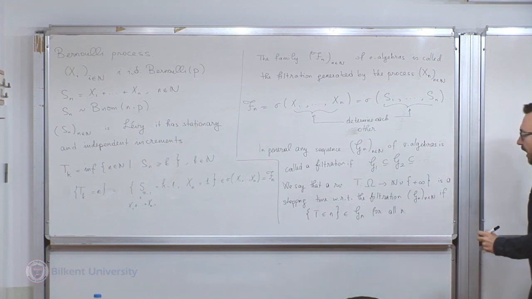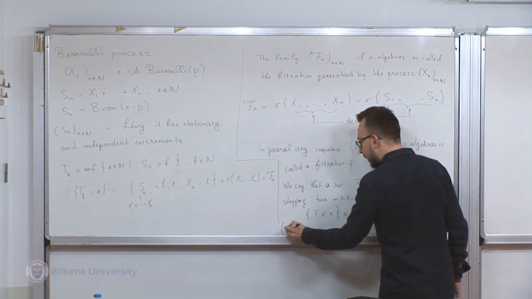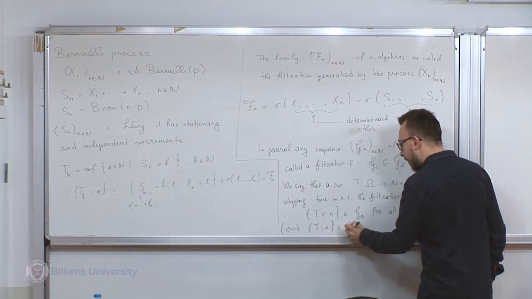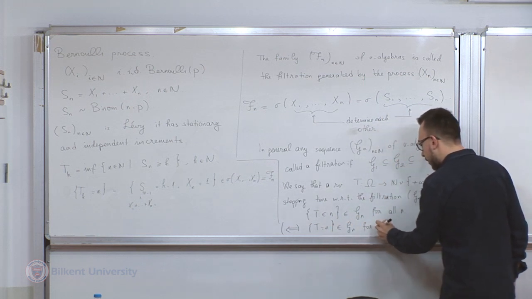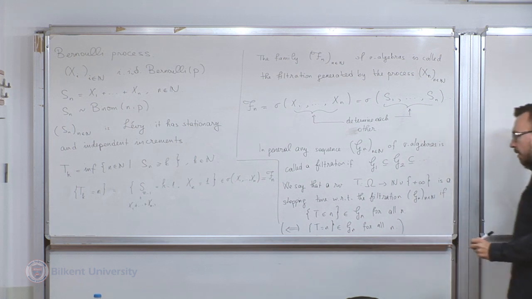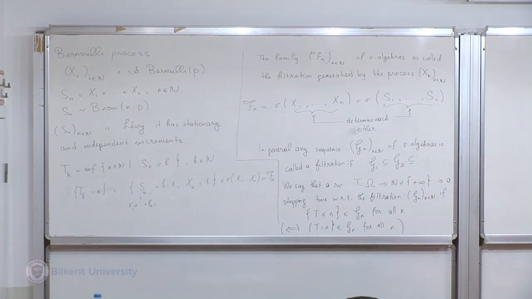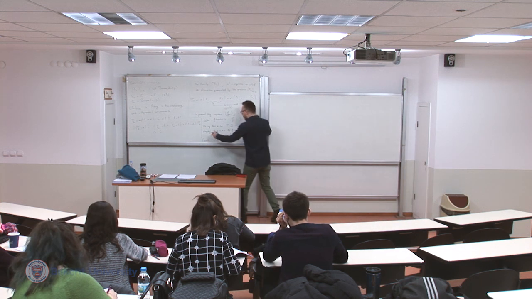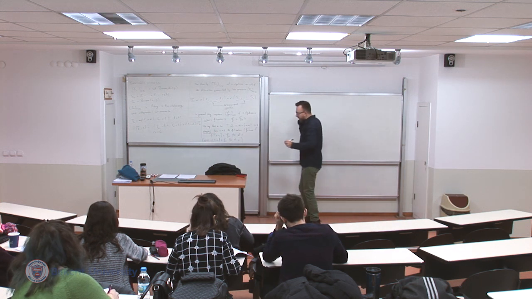And you can also check that this is equivalent to having T equals n in Gn. As an exercise, you can check that if T equals n is Gn measurable for all n, then T less than or equal to n is also Gn measurable for all n. So this is called a stopping time.